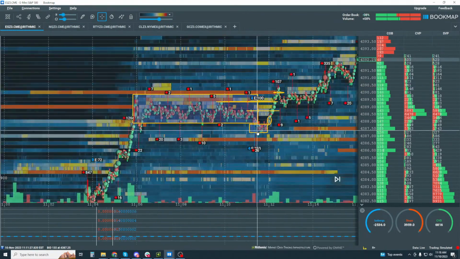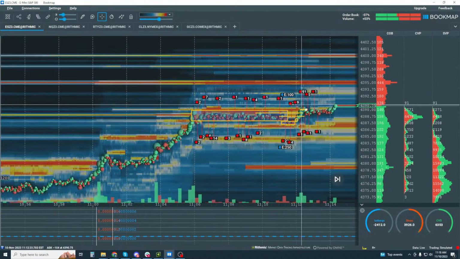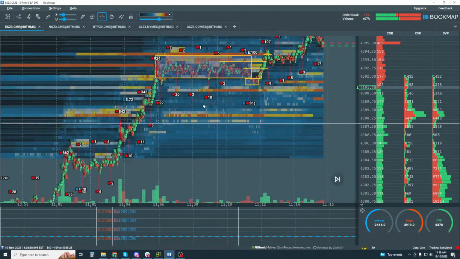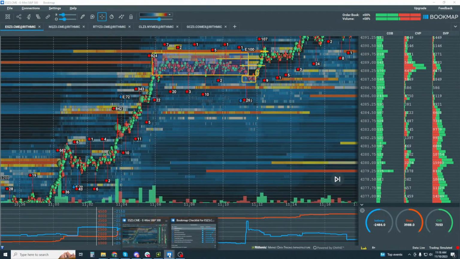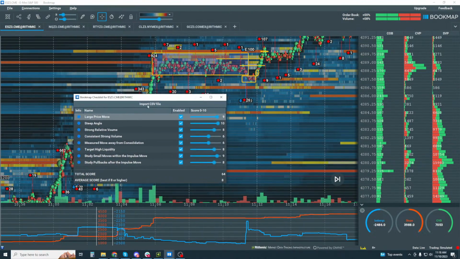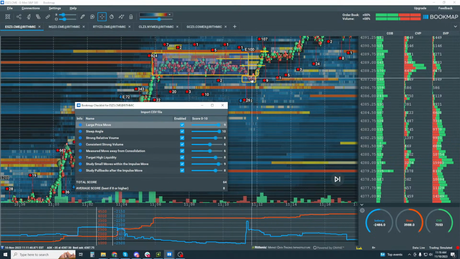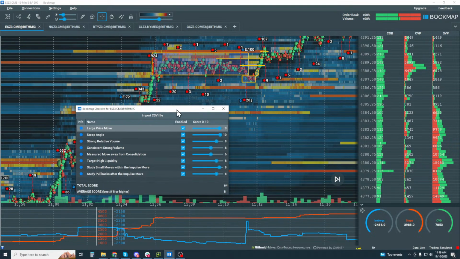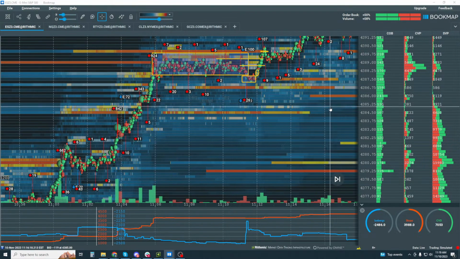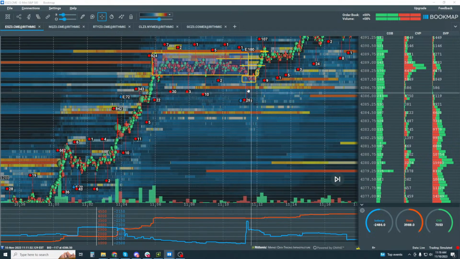All right, now how can I go about dealing with that? Using this tool for understanding the impulse moves, reading through them, analyzing them and scoring them, I can look for a shallow pullback. And how do I handle it risk-wise?